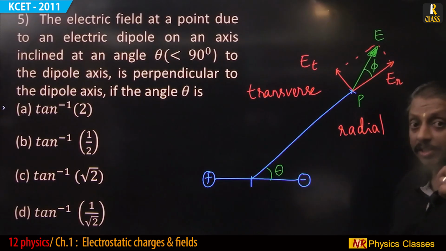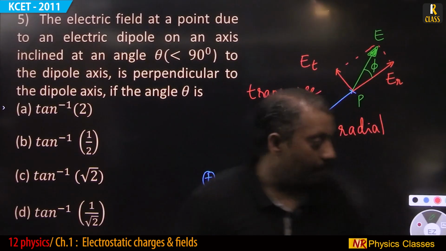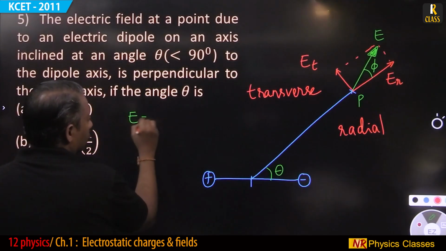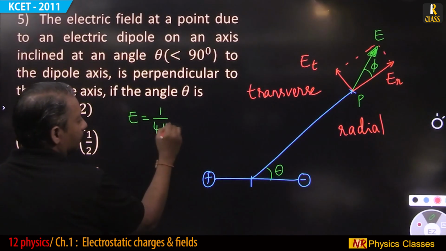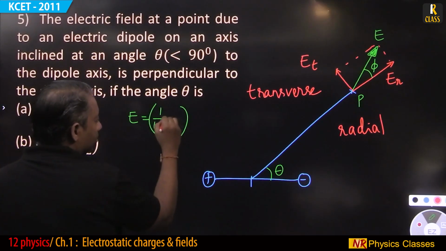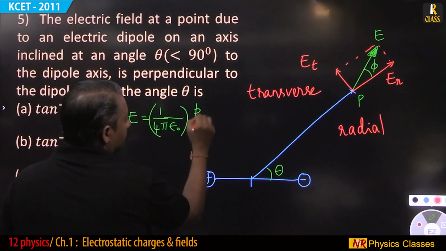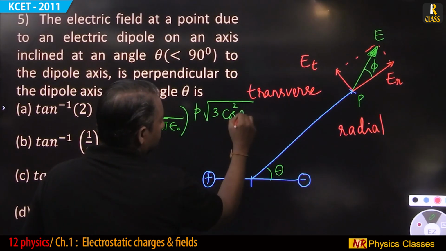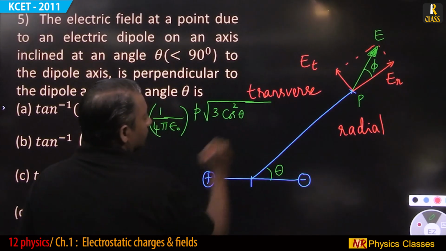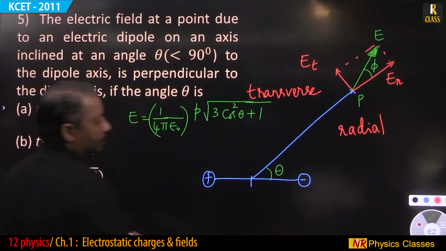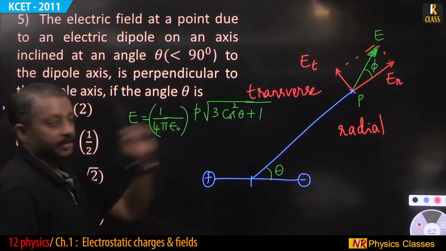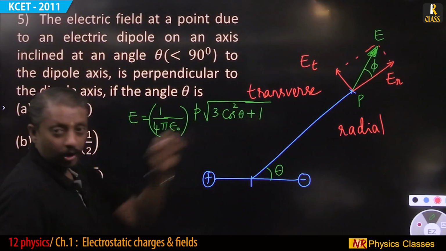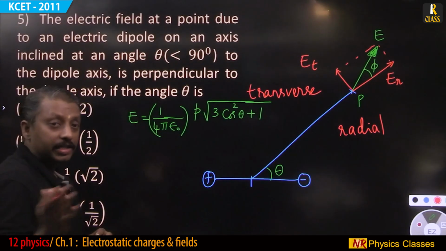Now, magnitude of electric field. Magnitude of electric field at P is given by 1 by 4 pi epsilon naught into P root of 3 cos square theta plus 1, this angle theta. So this is the magnitude of electric field at point P. Now direction.